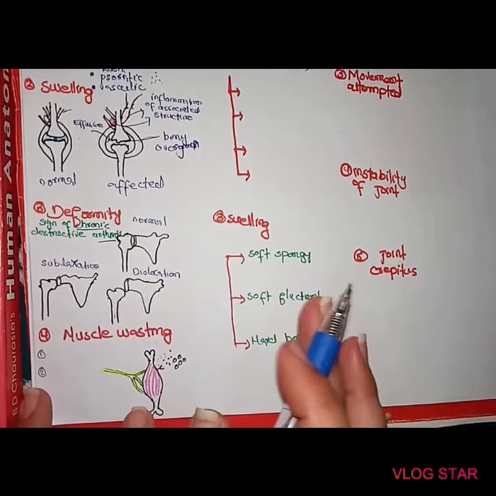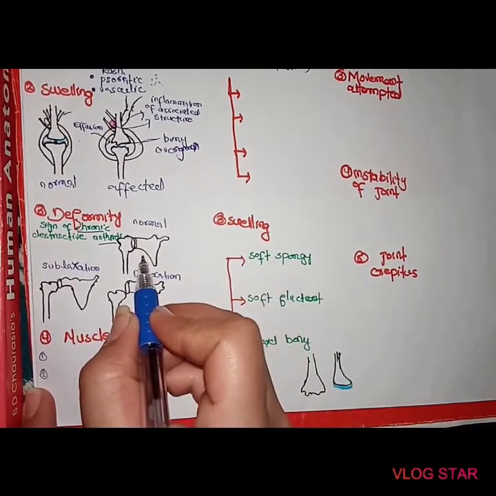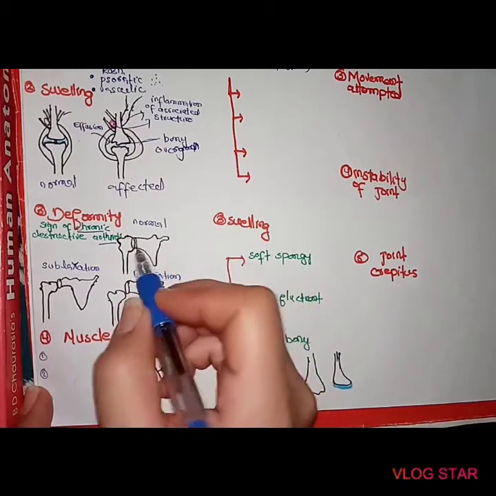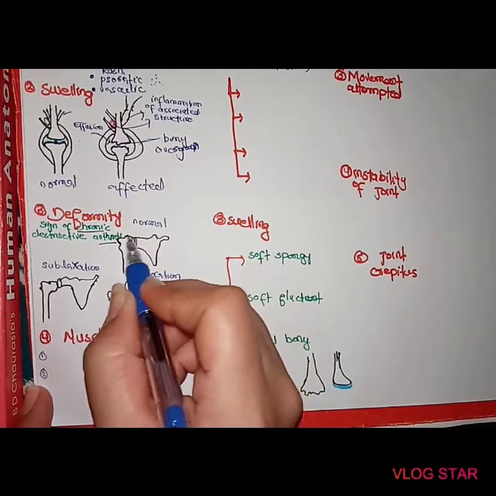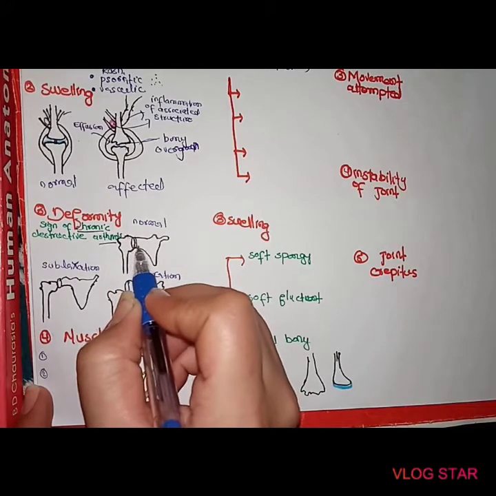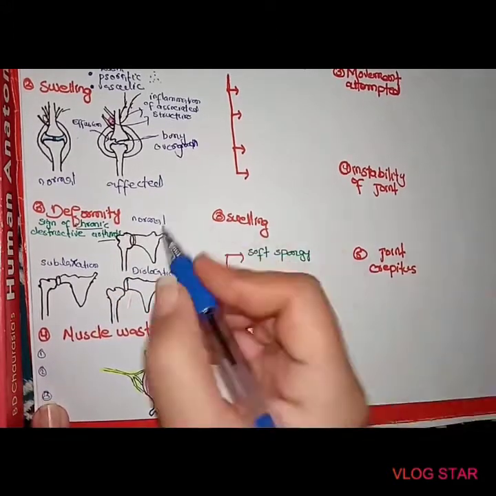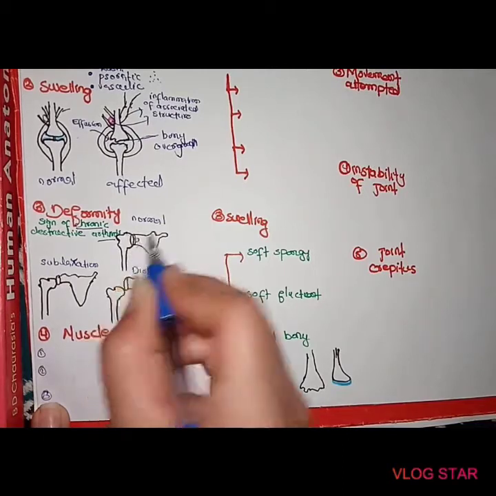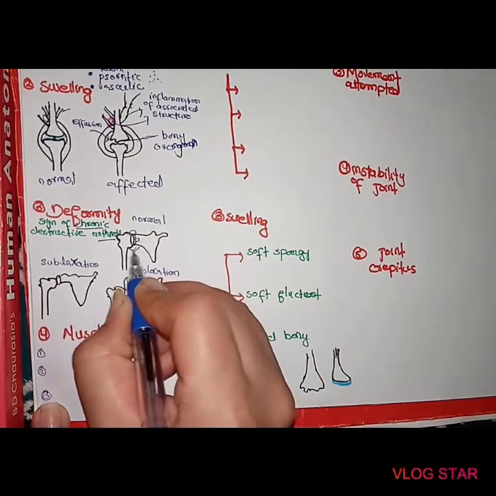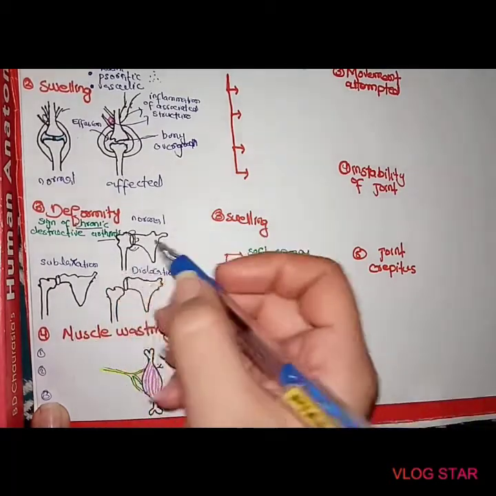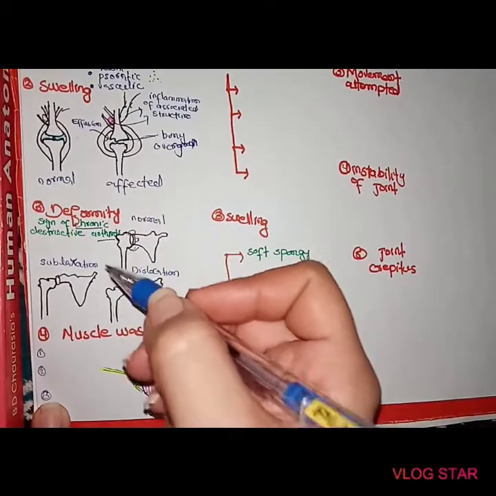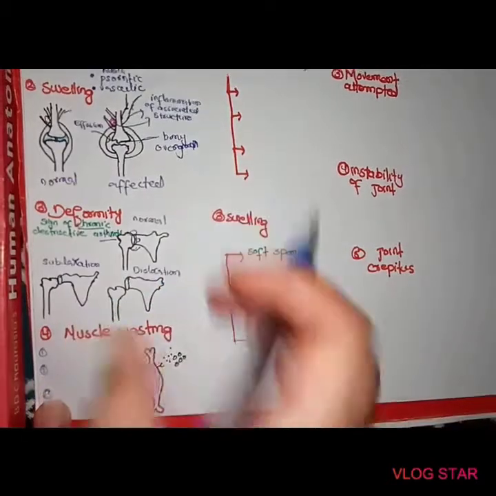So this is the normal joint. We take the example of the shoulder joint. This is the glenoid cavity and the humerus head that is fixed into the glenoid cavity, and the associated ligaments that support it, tendons, etc., that cover the joint. And the joint capsule encapsulates the joint.